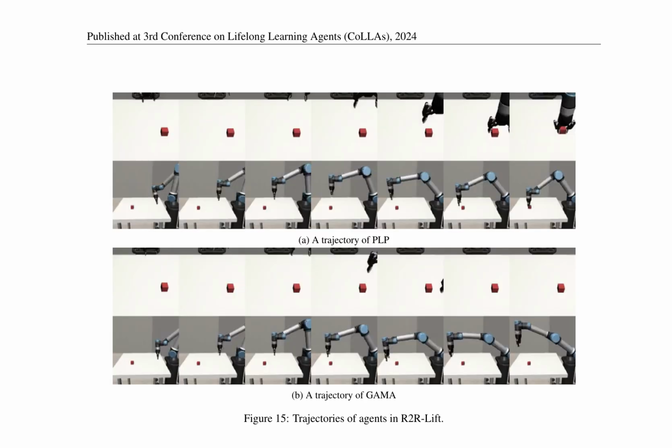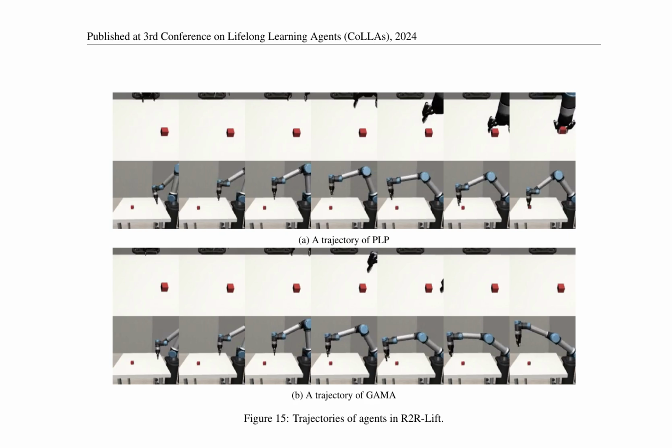In the context of the third Conference on Lifelong Learning Agents, CoLLAs 2024, a comparative analysis of various learning algorithms applied to robotic tasks is presented. The authors focus on evaluating different lifelong learning algorithms in a series of experiments involving robotic manipulation tasks such as R2R-lift and V2V reach.